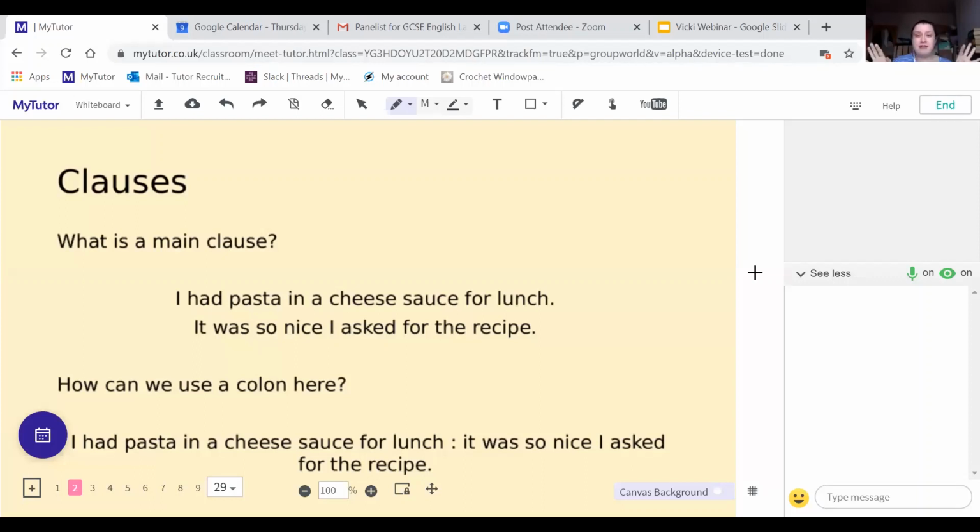So those are 2 very simple examples of main clauses. Sometimes we can put colons in between 2 main clauses because these 2 attach together. We can put a colon in between the middle. But the main takeaway point is that main clauses can stand alone and they make sense. If we chop it off from the rest, it makes sense.